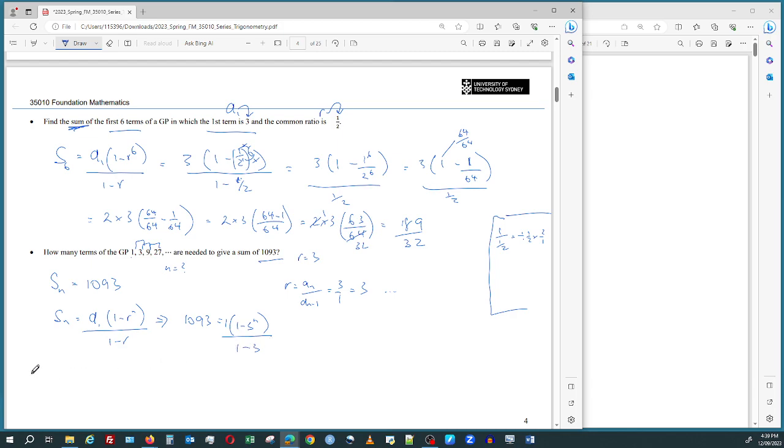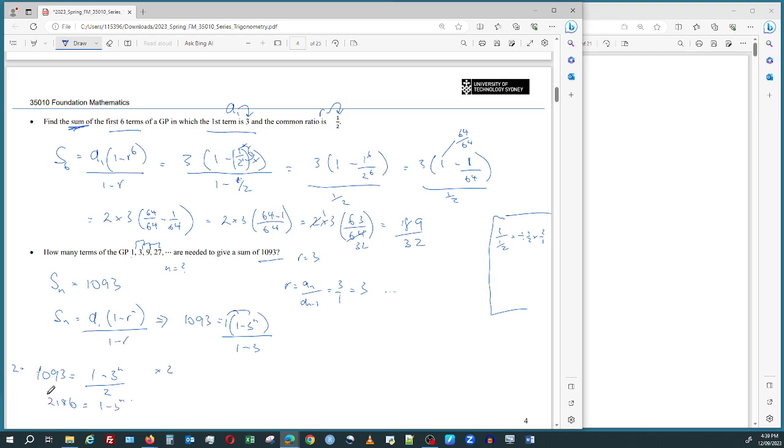Let's do it this way, 1093. Now the 1 multiplied by 3 is just going to be expansion. Because it's times 1, it's not going to change anything. And we're over 2 now. So multiply both sides by 2. And we will get 2186 equals 1 minus 3 to the n.